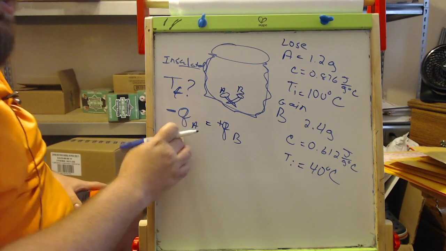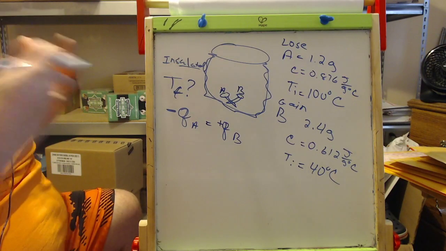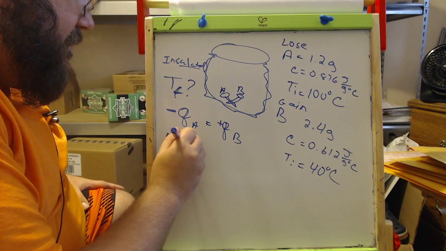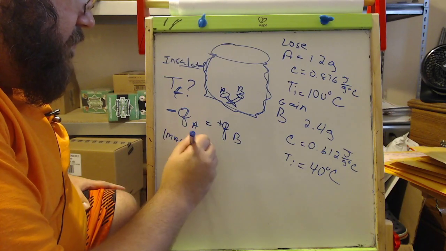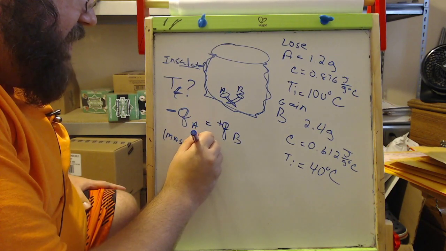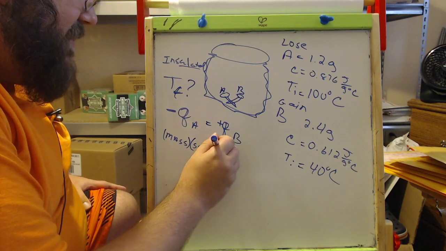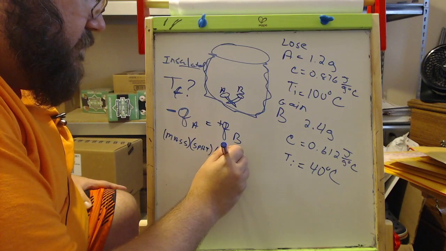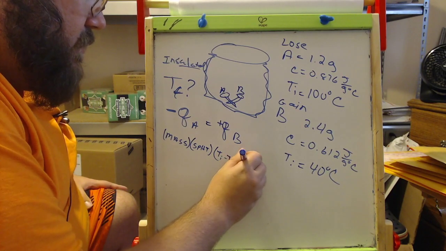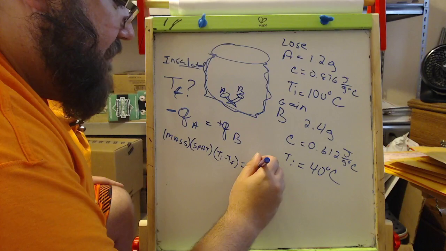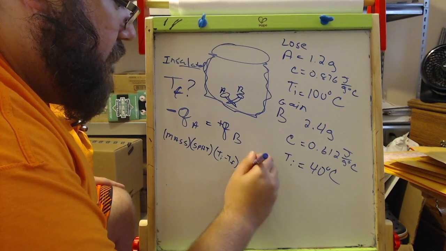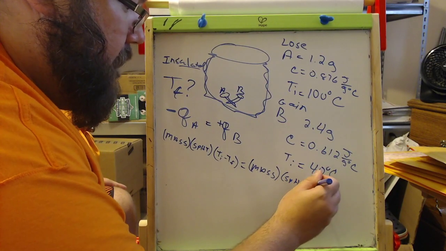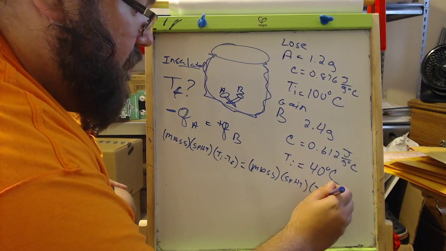So to write this out, I would have the mass of A times the specific heat of A, and since it's the negative, the negative is initial minus final. Now I'm going to set that equal to B. I'm going to have the mass of B, the specific heat of B, and final minus initial for the positive one.